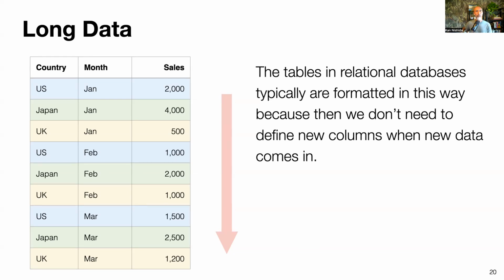You don't want to redefine the column structure every time you get new data. So you have a fixed set of columns, but rows can increase, adding more rows flexibly. There's no limitation there, I mean, maybe physical limitation, but conceptually not much. So if you come from a BI or relational database world, this is nothing really new.